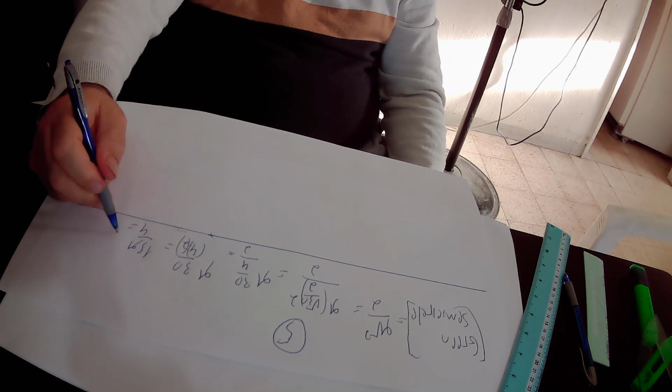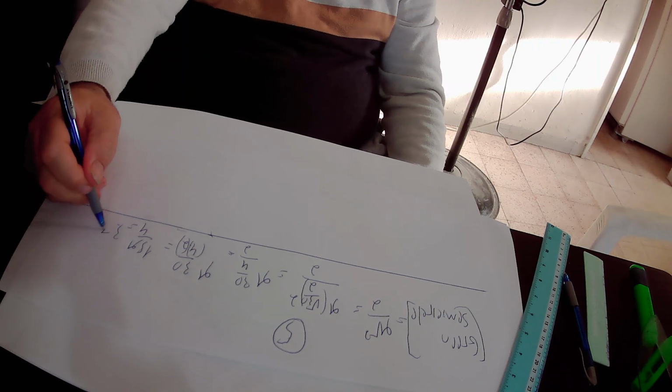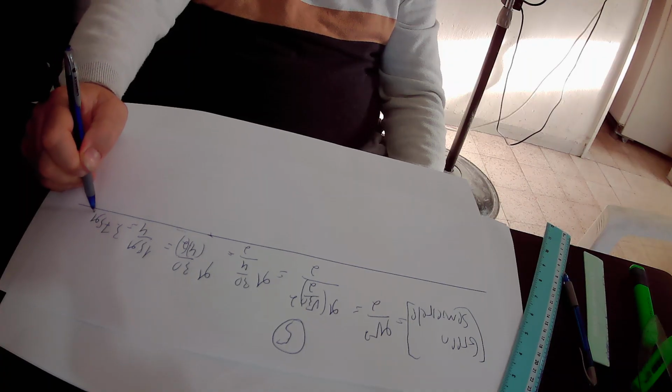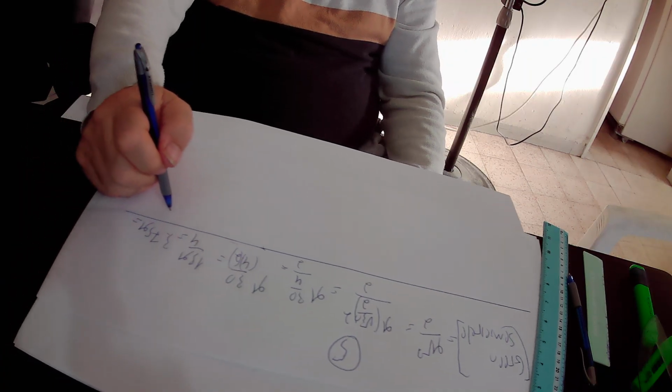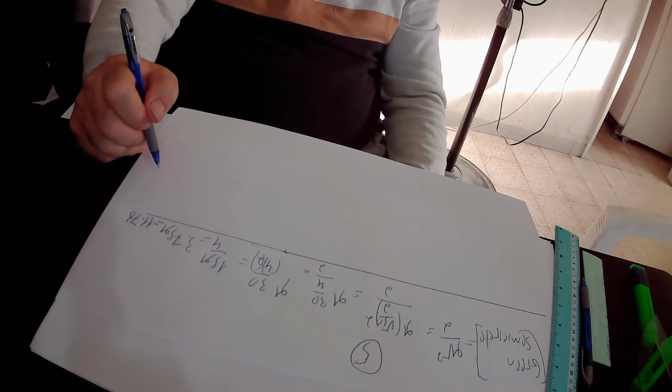15 over 4 is 3.75, so in total this expression equals 3.75 pi. 3.75 pi equals 11.78 square units.